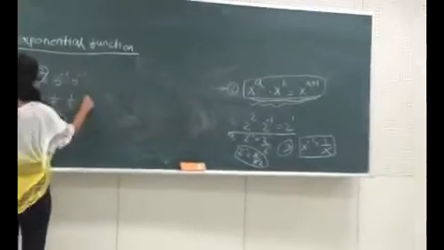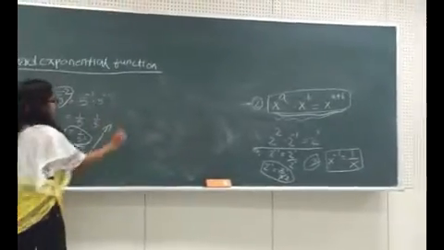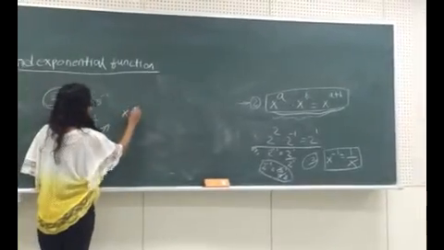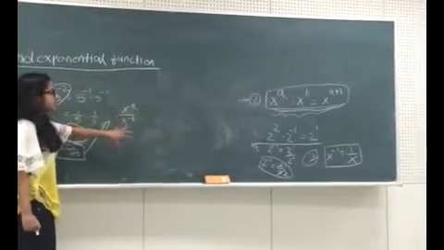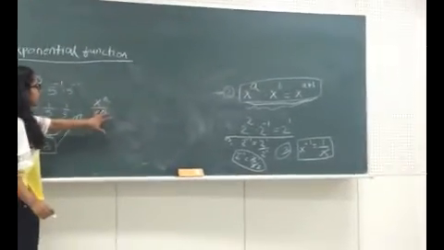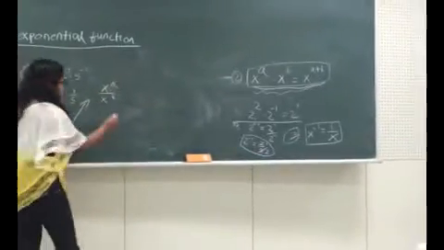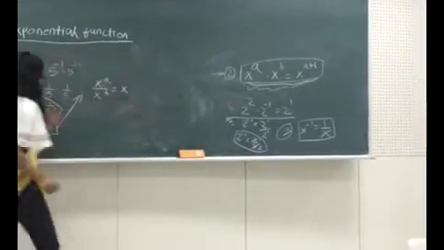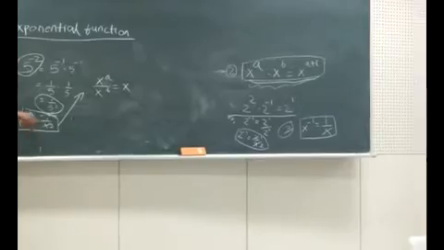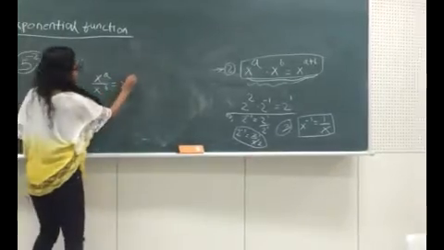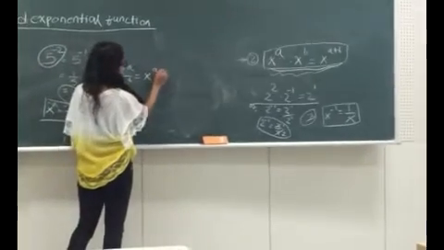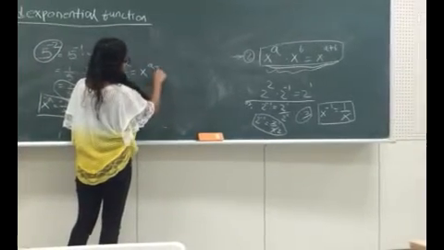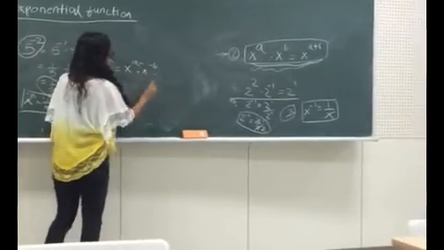This can also be written in some other way, that is x to the power a by x to the power b. We know that x to the power b, when it comes up, becomes x to the power minus b.